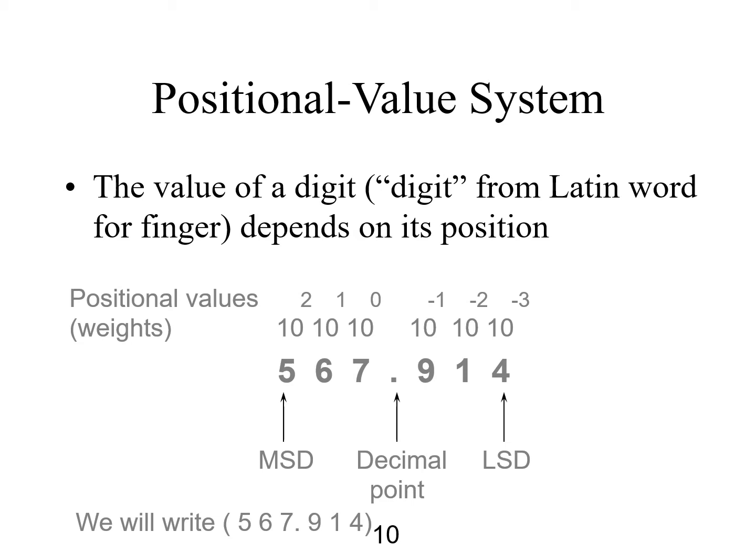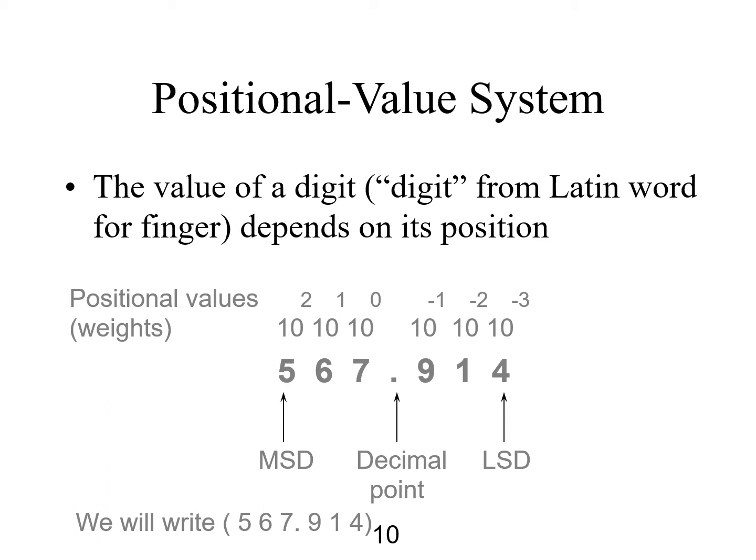The first position from the right has the value 0, then 1, then 2. Next, after the decimal point, there are also weights and positional values. The weights are 10 raised to power minus 1, 10 raised to power minus 2, 10 raised to power minus 3.